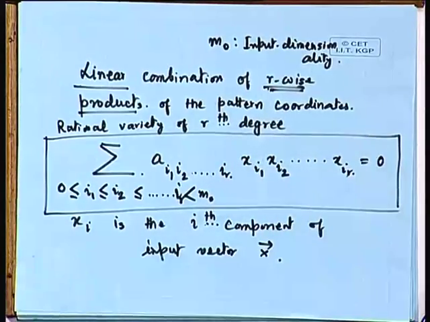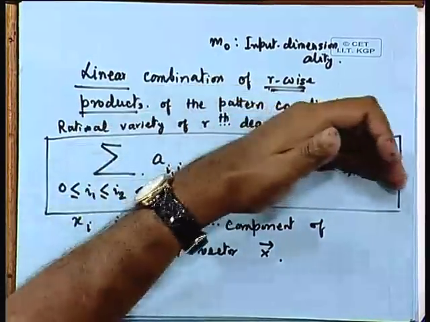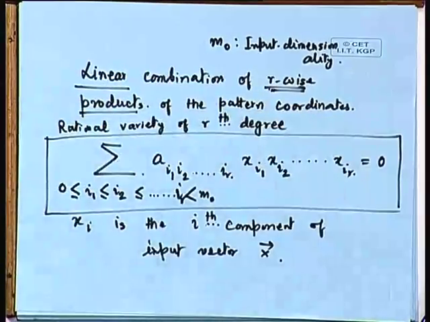Now, you see what these terms are that we have got, xi1 up to xir. That means to say that here I have shown r such terms. Now, these r terms that you are getting can be picked out of the m0 total number of coefficients, or rather the original dimensionality of the input vector x is m0, and you are choosing a number r that is less than m0.